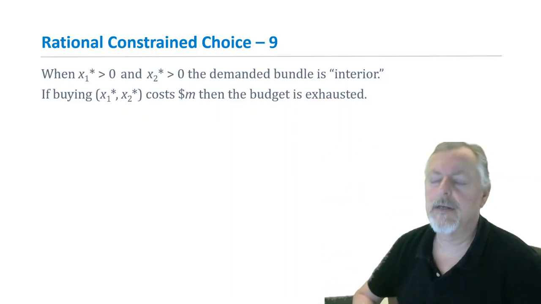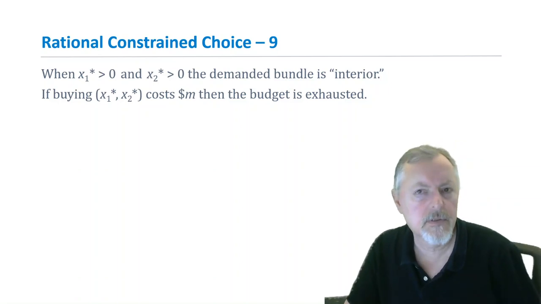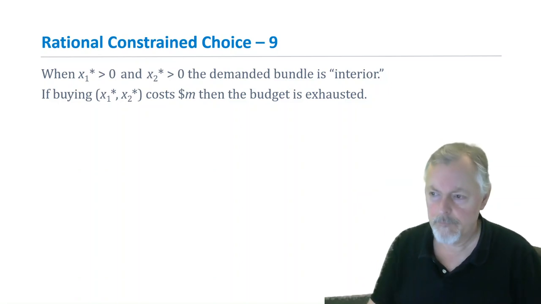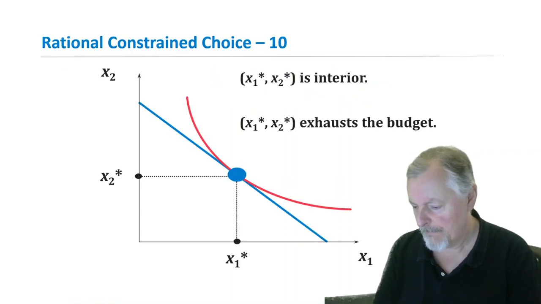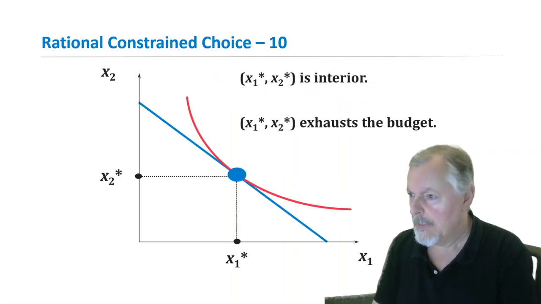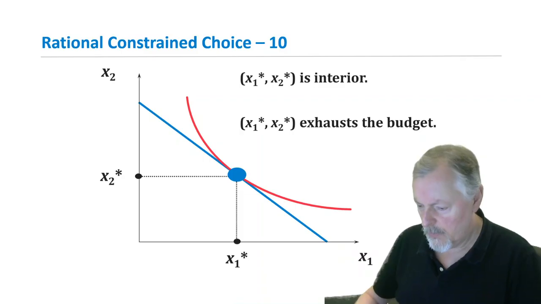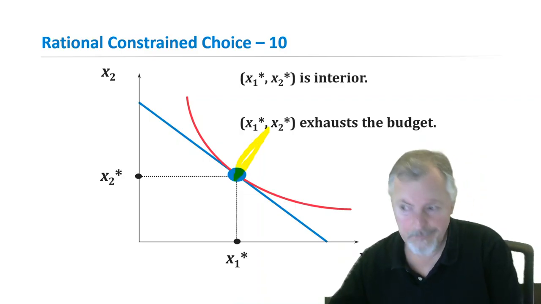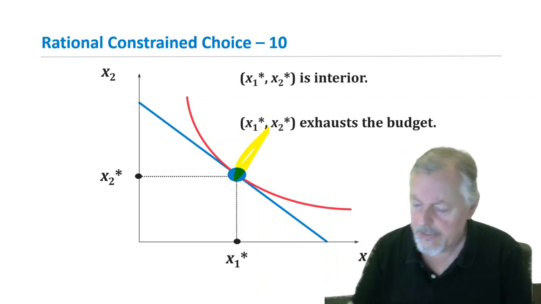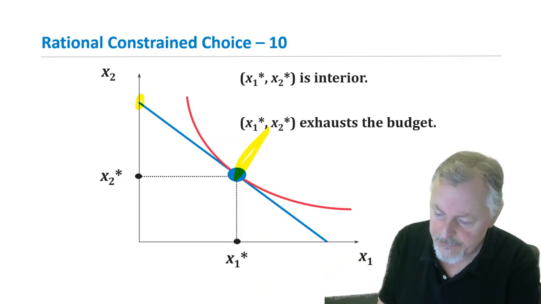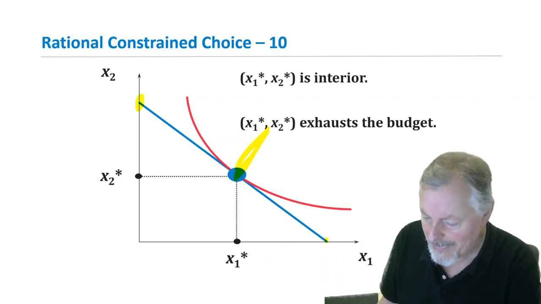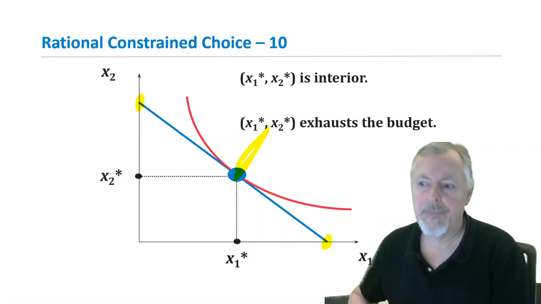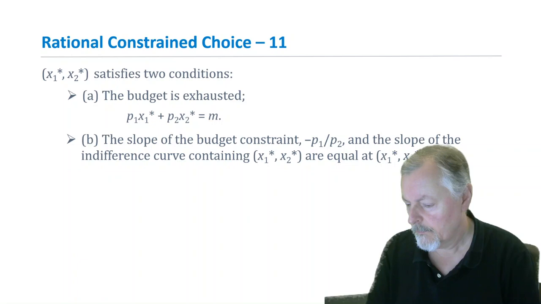This gives us an interior solution. I'll show you why it's called interior later. Here, an interior solution in this simple example means that they're not at that point and not at that point. They're somewhere in between.